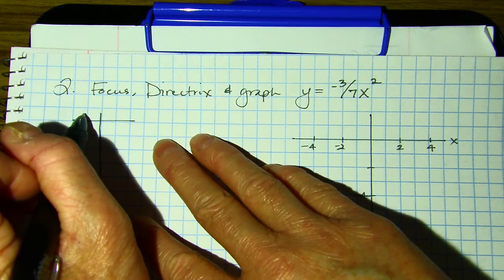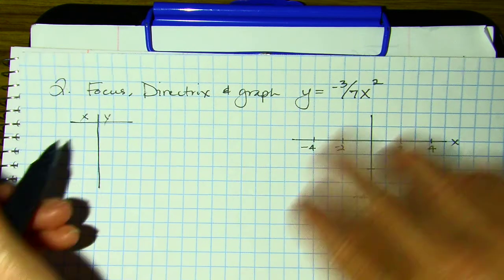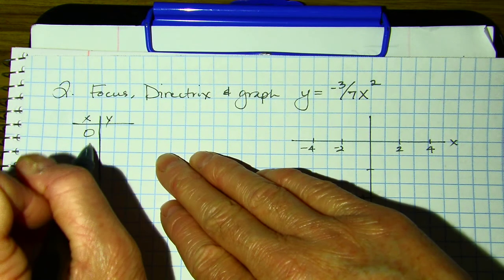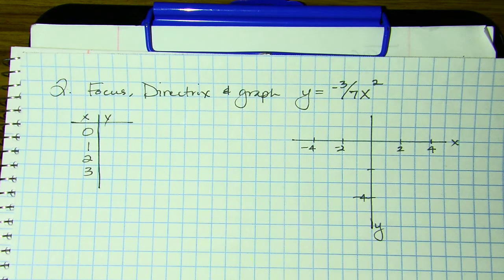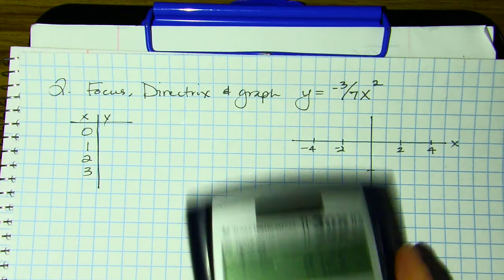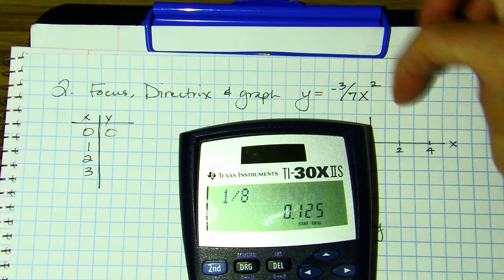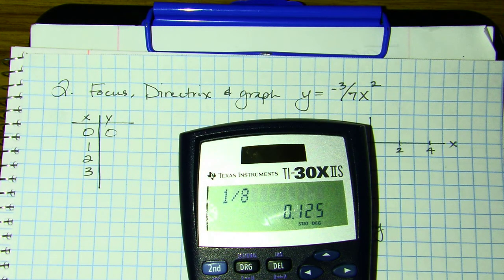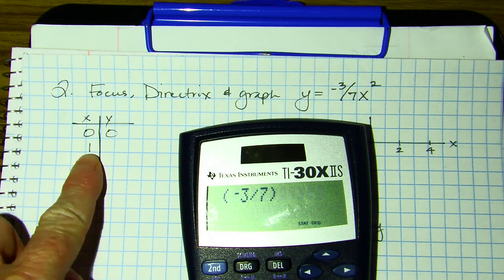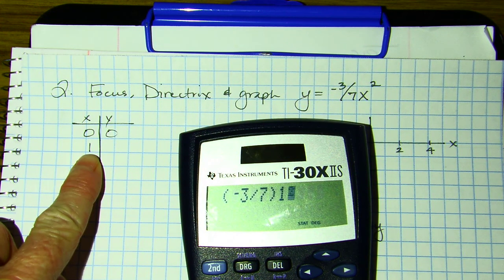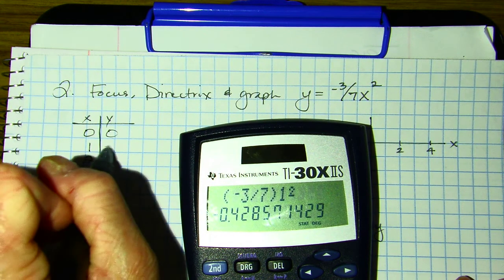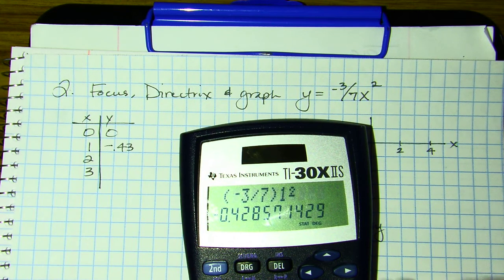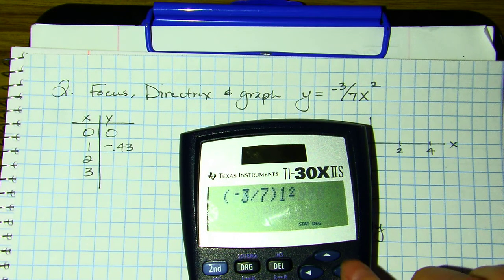So I'm going to just build a couple points. I know my vertex is at 0, so I'm just going to plug in a couple points, and then I will reflect it. And so if I plug in 0, I'm going to get 0, right? Because anything times 0. So negative 3 divided by 7 times 1 squared is negative 0.43.